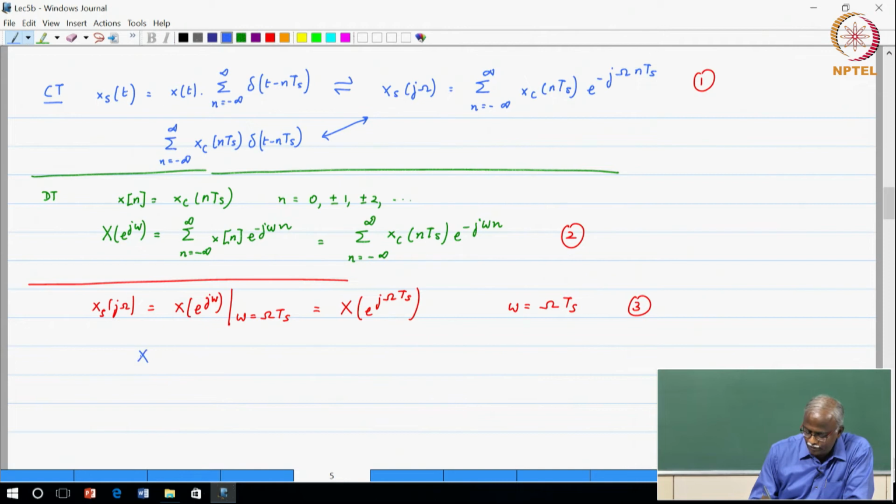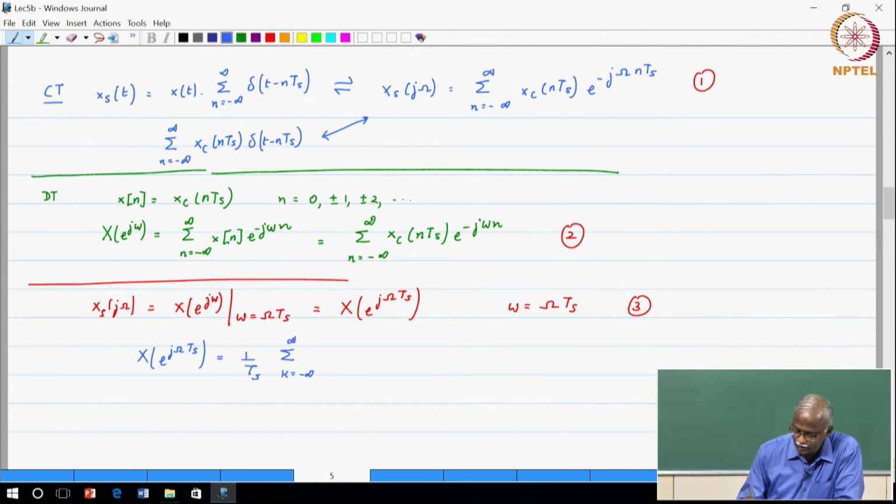Again, you may wonder why we are spending this amount of time on this. It actually is a very important element, this link between the Fourier representation of the continuous time signal and the discrete time sequence. So Xe(jωTs) can be written as, comparing 1 and 3, 1 over Ts summation k equal to minus infinity to infinity, because we have already derived this expression.